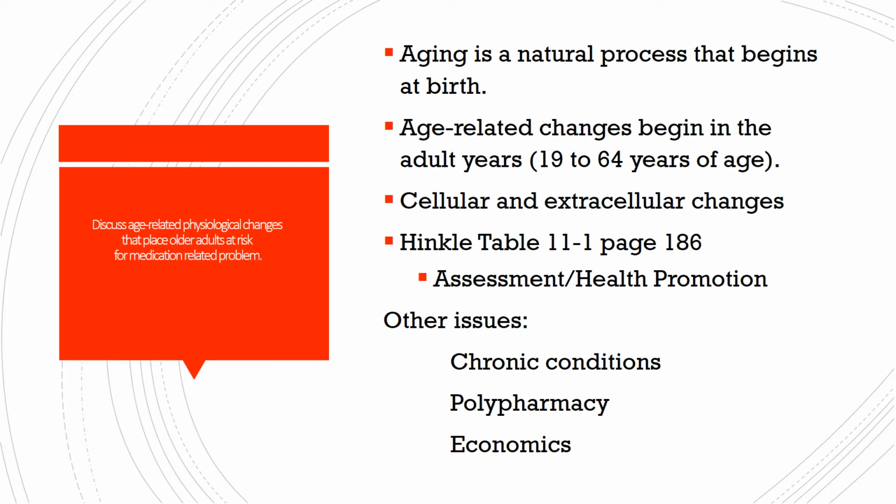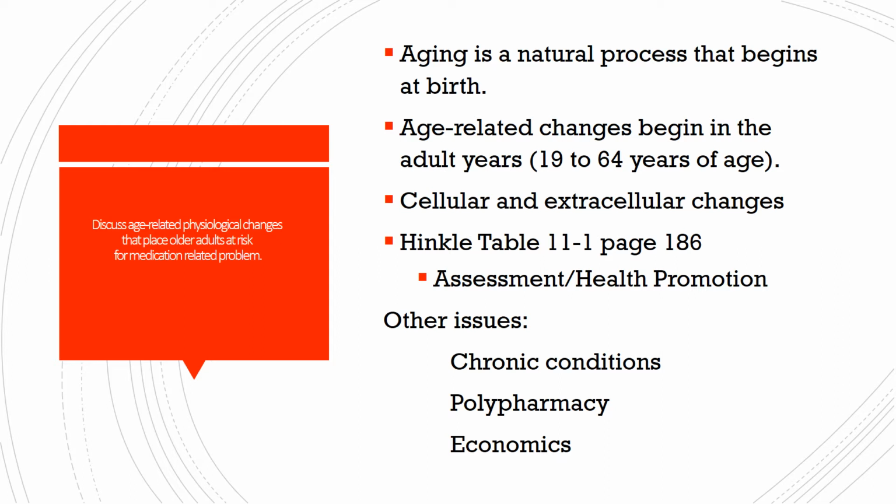Cells become less able to replace themselves and they accumulate a pigment known as lipofuscin. Elastin and collagen break down, causing connective tissue to become stiffer and less elastic. It goes on and on, with each body system showing changes.